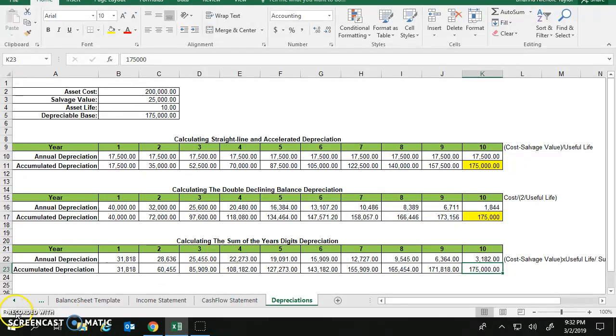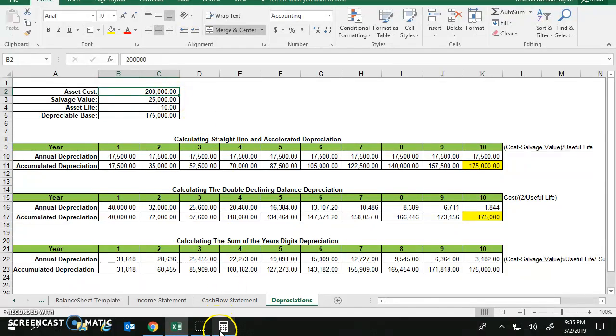Going on to double declining. Double declining is not as easy as straight line. You have to pay attention to what you're doing. Taking your 200,000, subtracting it, multiplying it by 2, dividing by 10, you get your 40,000, which is our first value. So remember, you take that 40,000 and subtract it from your asset cost. In this case, we go back to our 200,000.